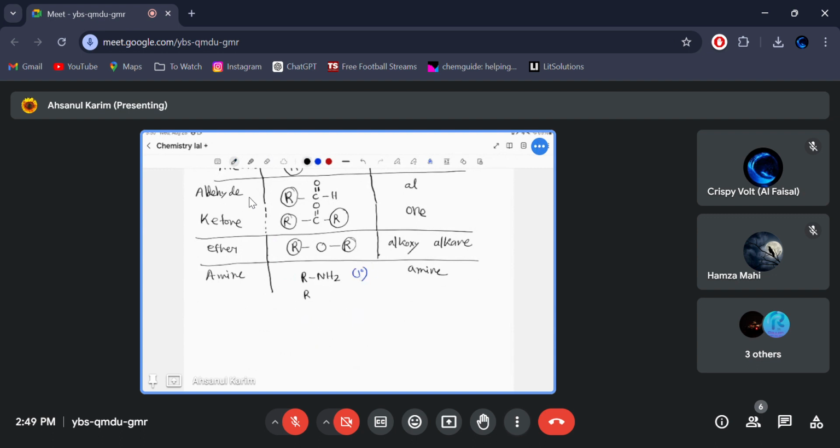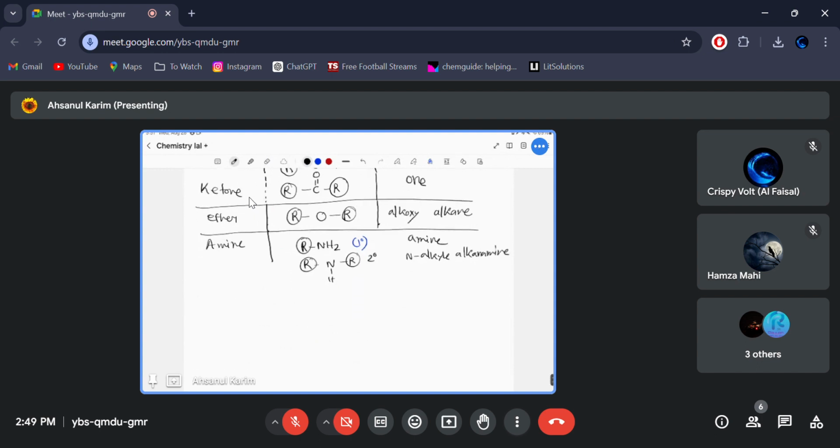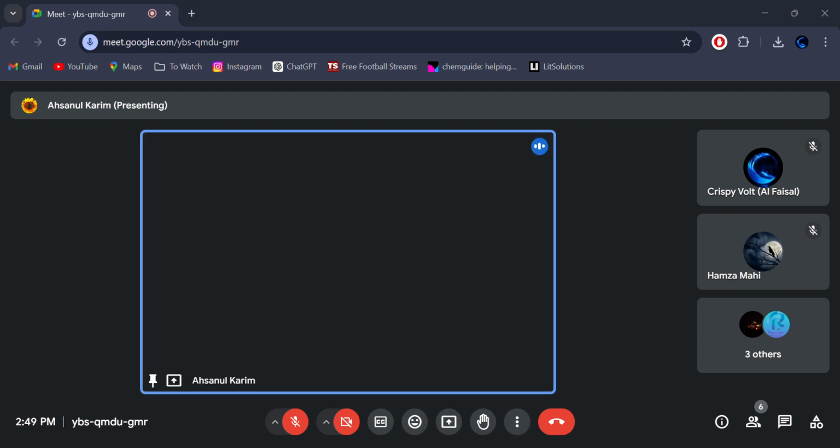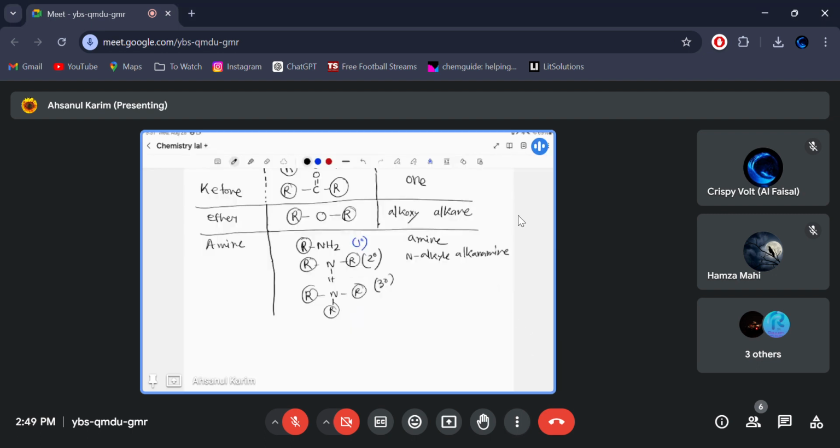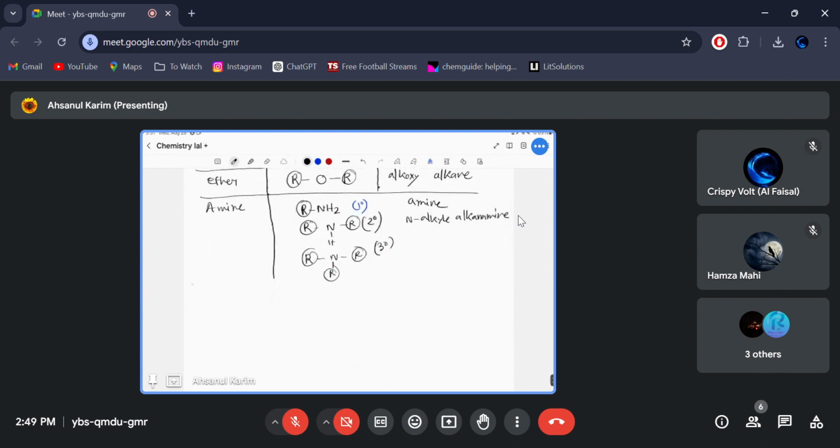Now this is a 2 degree amine, and the name will be N-alkyl alkanamine. I'll show the naming with an example, but for now just write it this way. And after that we have a 3 degree amine. This is an example of a 3 degree amine.